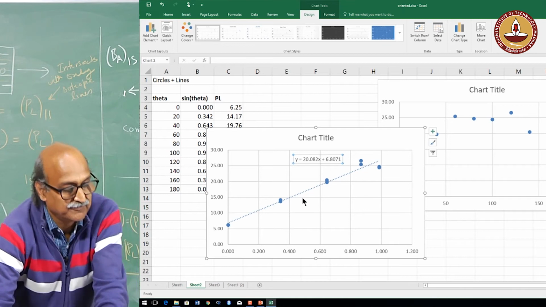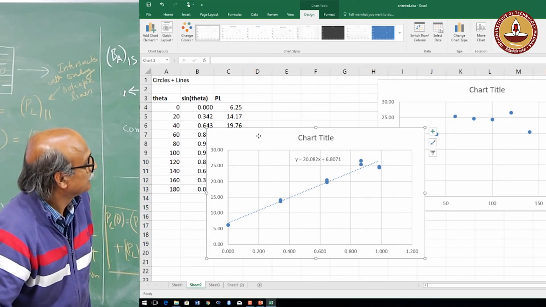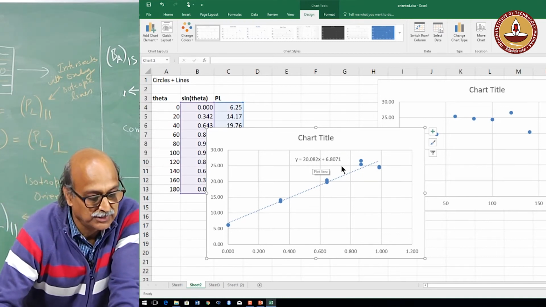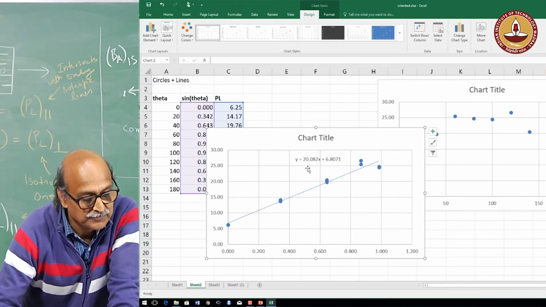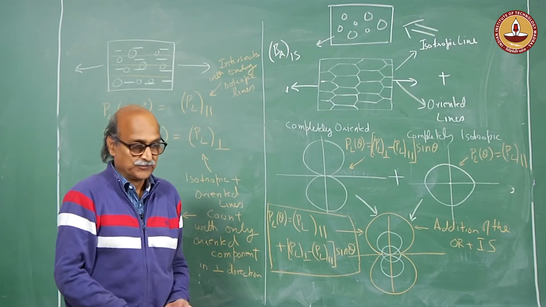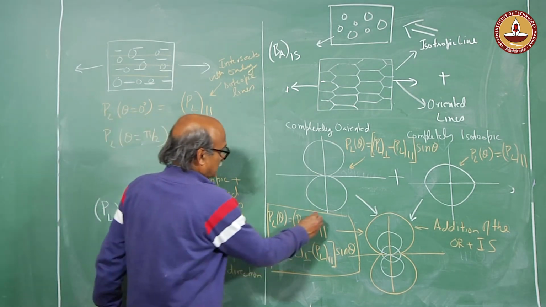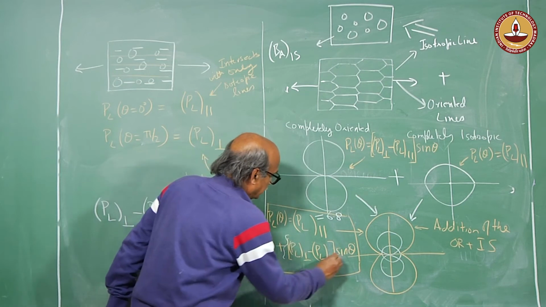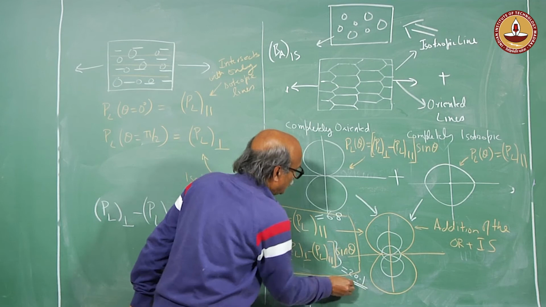So, I have this equation here. So, y is equal to 20.082 plus x times. So, intercept is 6.8 and the slope is 20.1. So, what basically we are saying is that intercept is this 6.8 and the slope is this one 20.1.